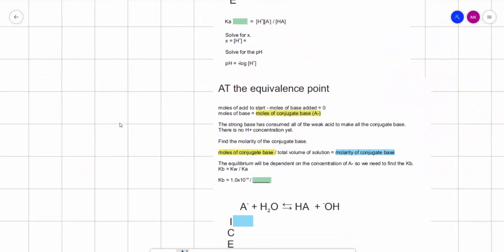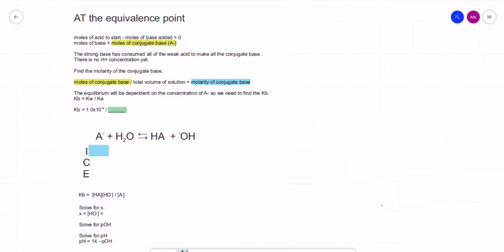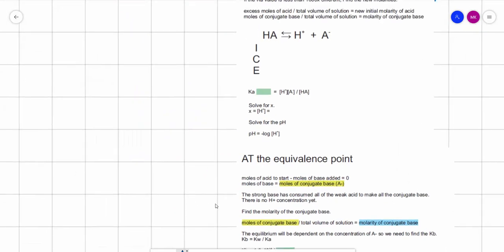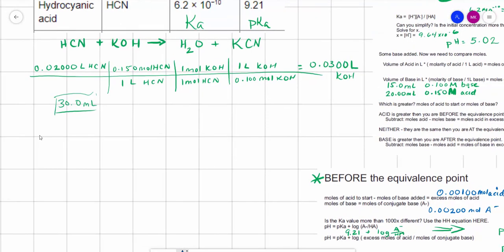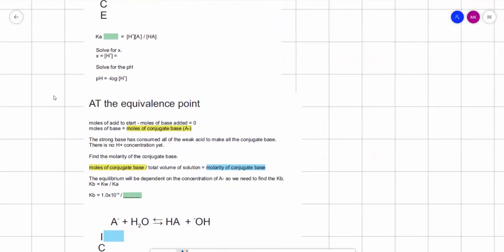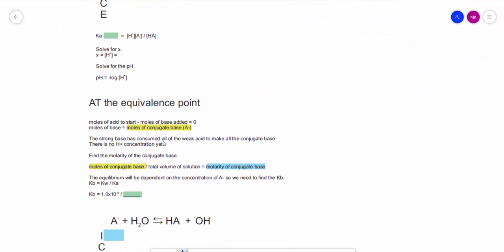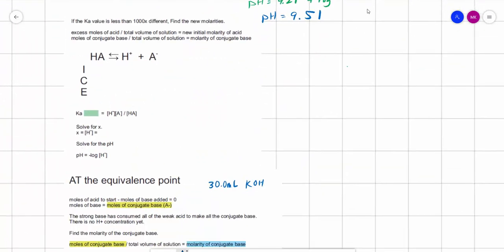Well, when we are at the equivalence point, we are going to be governed by the concentration of the A minus. And that's going to be related to the moles of the base that were added and the total volume. So moles of base at the equivalence point. I need 30 milliliters of my KOH, and then I have my original acid of 0.00300 moles.